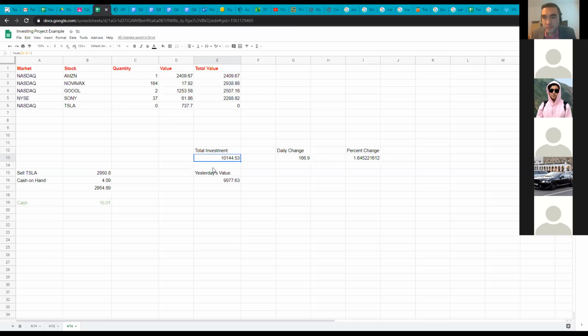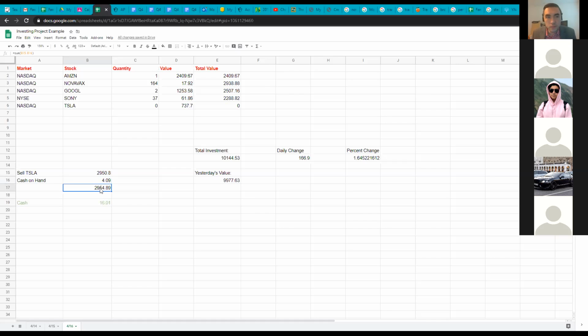Mr. Rob, the part that I don't understand is the cash. The part that you did in green, where do I get that from? Oh, all I did was I sold Tesla, and I wrote a sell to say how much money I got back from selling Tesla. And then I had my cash on hand left over from the beginning of the project because I wasn't able to purchase exactly $10,000 worth of stock. I had $4.09 left over, so I added those two up.